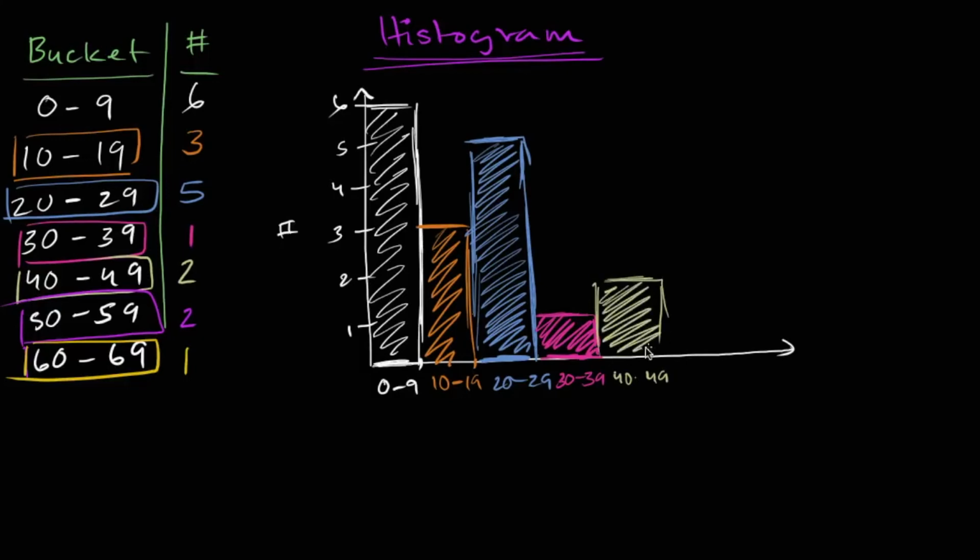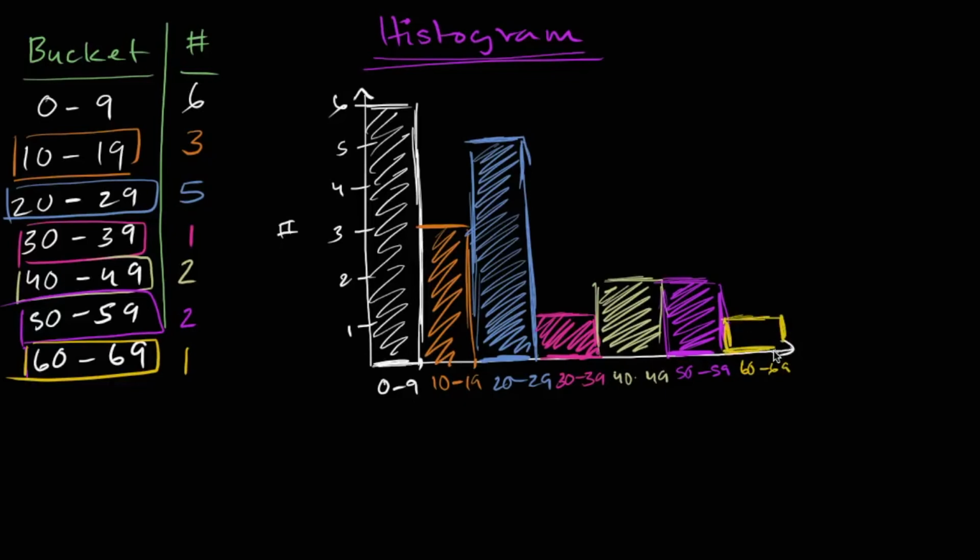Almost there. 50 to 59. We also have 2 people. So that's that right over there. And then finally, 60 to 69, we have 1 person.